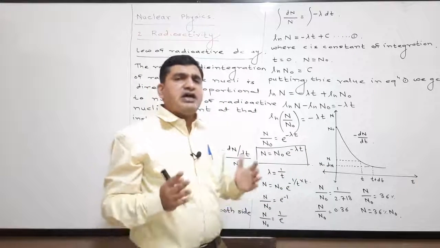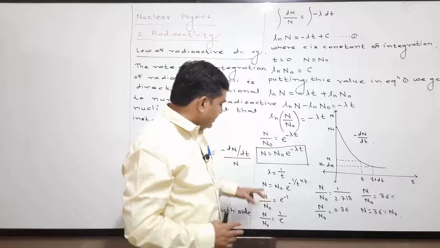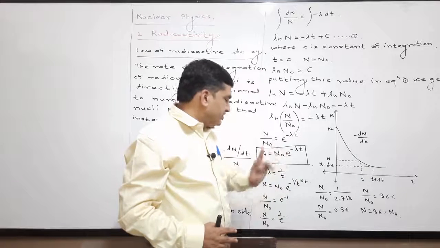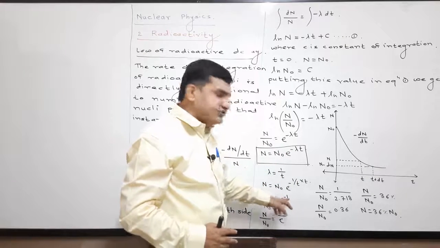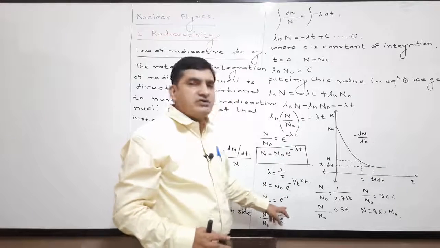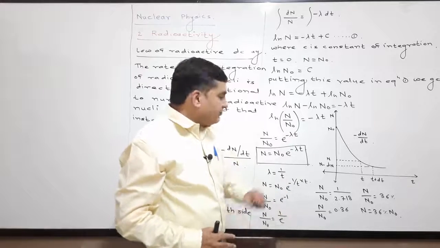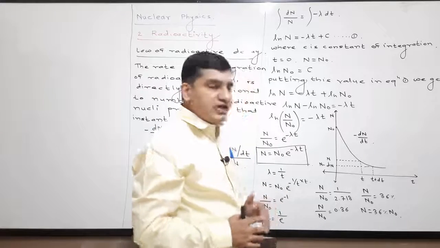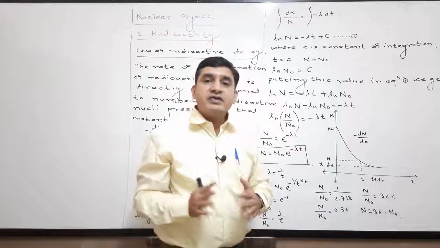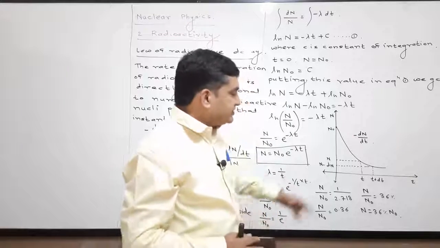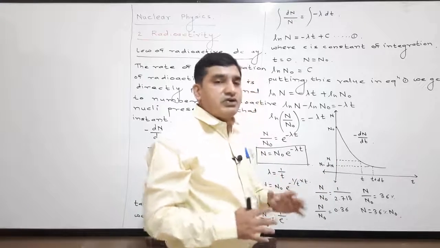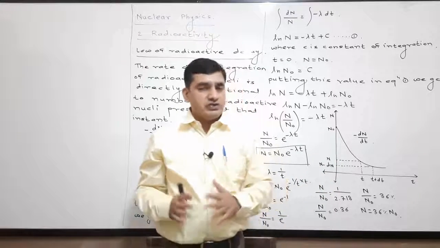Now if we consider lambda is equal to 1 upon T, then N is equal to N0 e raised to minus 1 upon T into T, T gets cancelled, so it is equal to e raised to minus 1. So N upon N0 is equal to 1 upon e. The value of e is 2.718, and therefore N upon N0 is equal to 0.36, or simply N upon N0 is equal to 36%, or N is equal to 36% of N0.